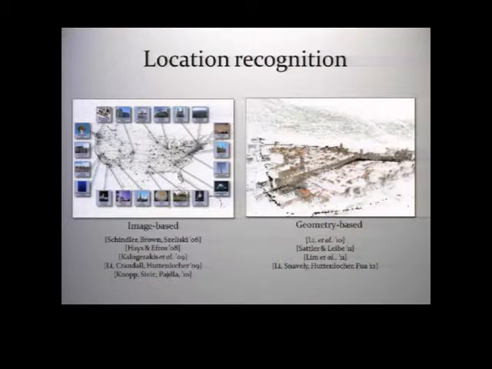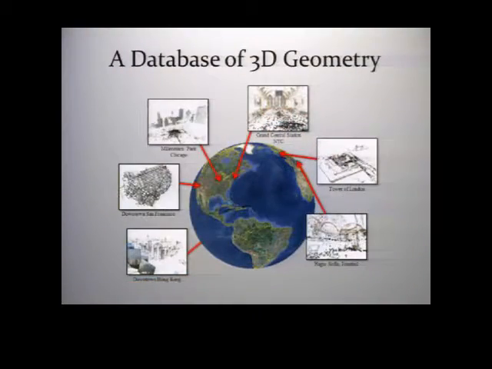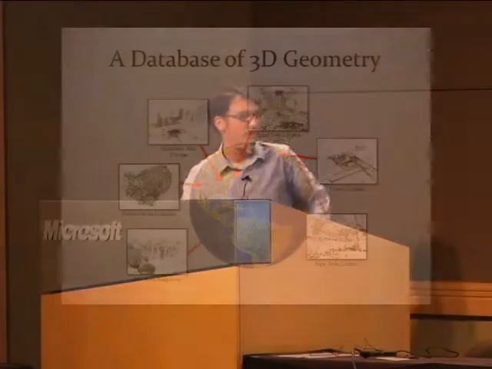So what we've been doing is much more based on geometry. We've been trying to build geometry for the entire world and using this as an anchor for matching new photos to get back precise 6 degree of freedom camera poses for photos that match into this database. Okay? And this builds on work I've been doing for a while, including with Rick and in collaboration with others too.